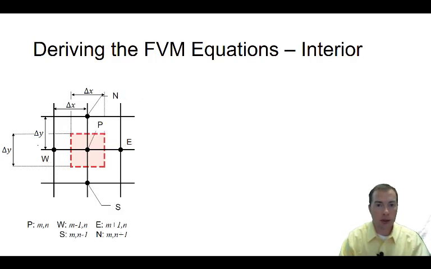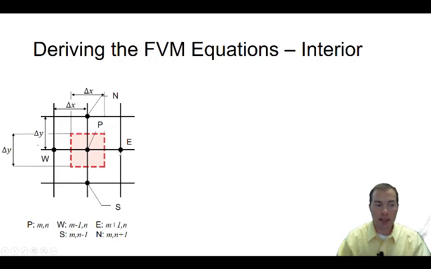For convenience, we will replace the node indices m and n with letters corresponding to cardinal directions. I find it easier to think through the problem using these cardinal directions. The node of interest will be labeled with a P. The node to the west of this point P is labeled with a W. This is equivalent to moving west on a map.